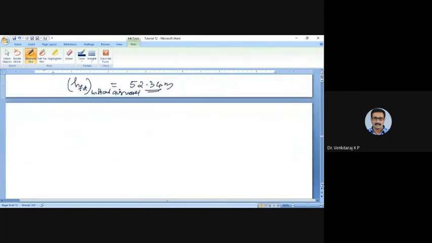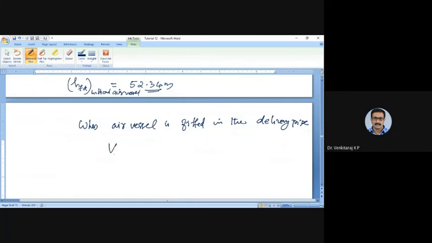So when the air vessel is fitted in the delivery pipe, velocity V_D will be equal to V average, which is equal to A_P by A_D into omega R by pi.